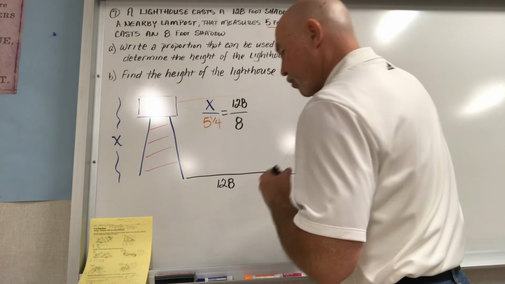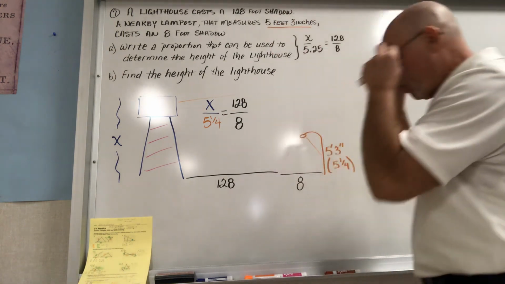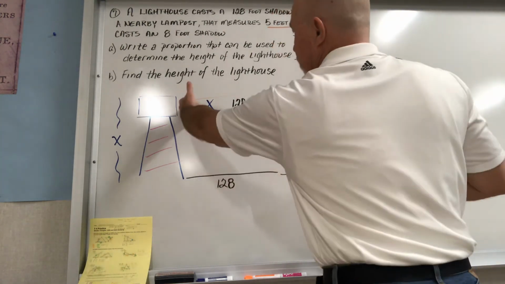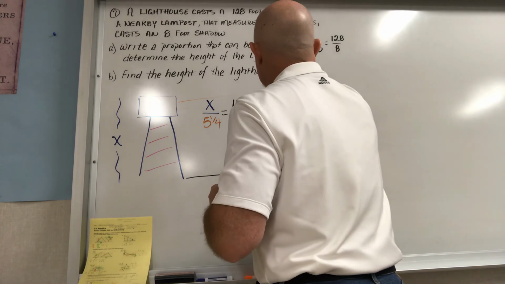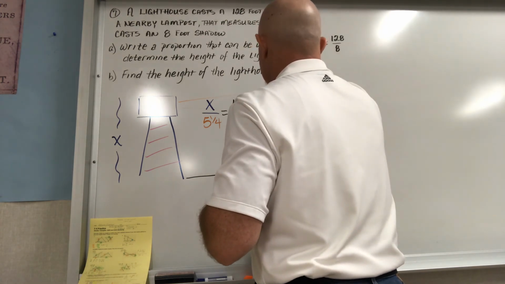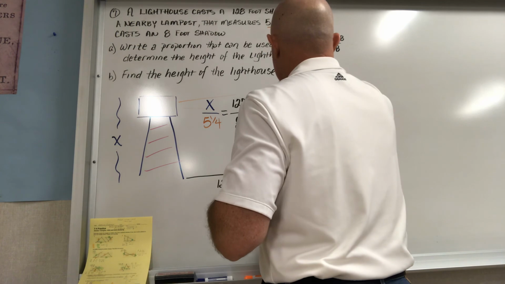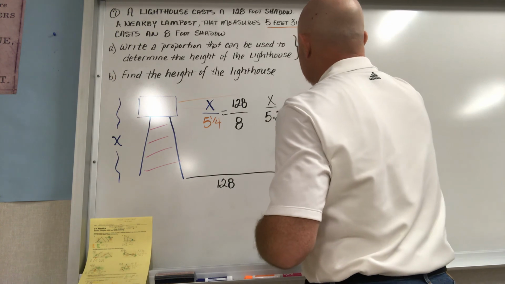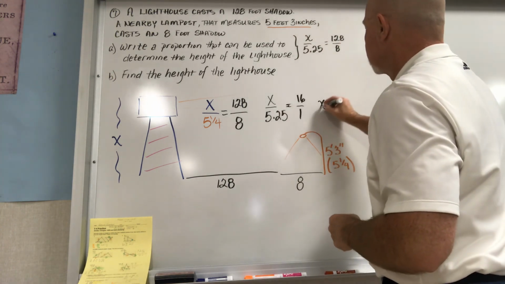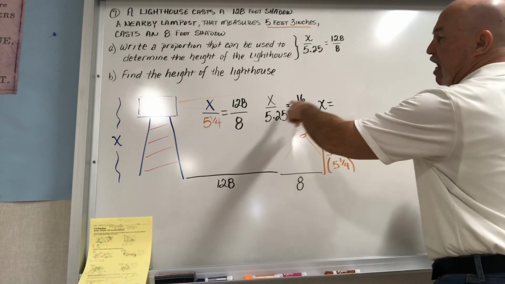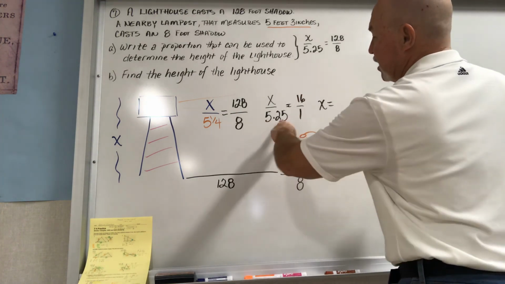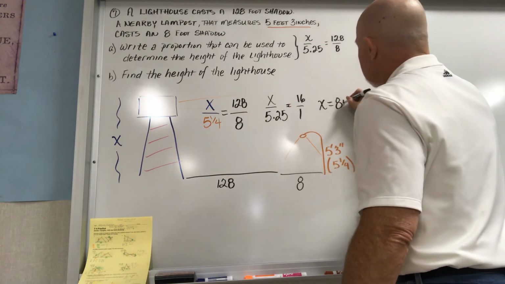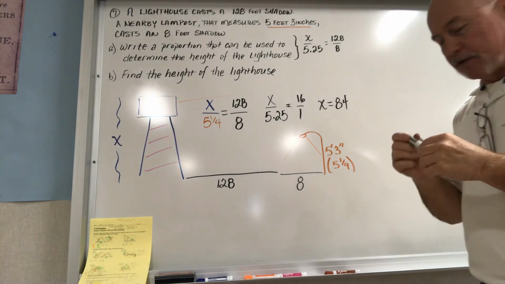So, once again, I'm going to simplify before I solve. It simplifies to 16 over 1. 5 times 16 is 80. 1/4 of 16 is 4. X is 84. There's our solution.